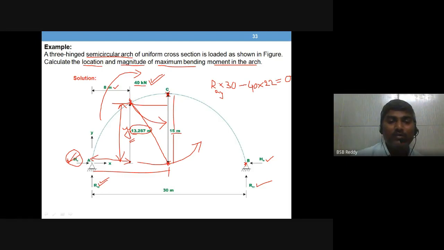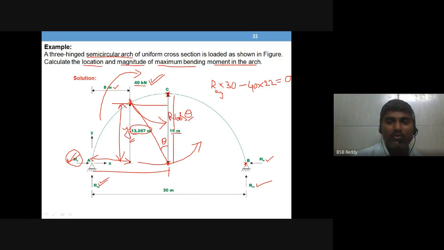So what you are estimating as the Y value, if this is theta, is R cos theta. So R is known to you, R is the 15 meters radius value.